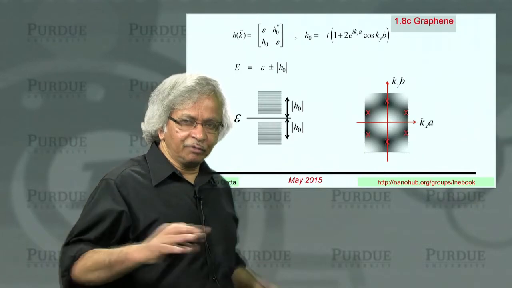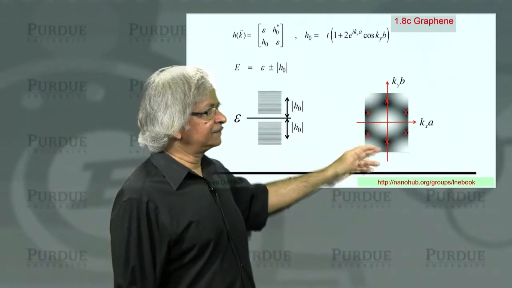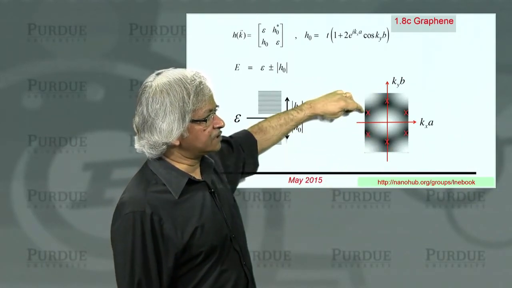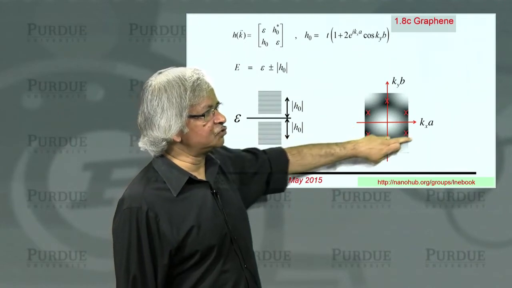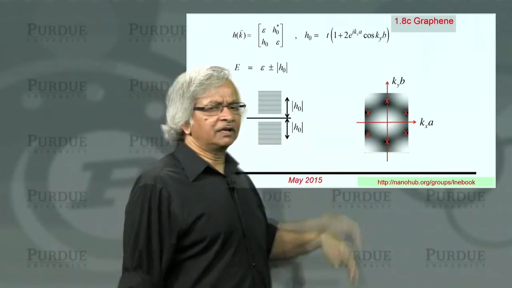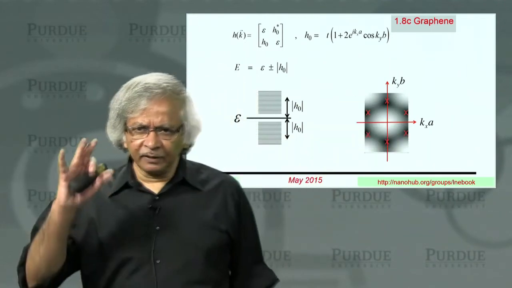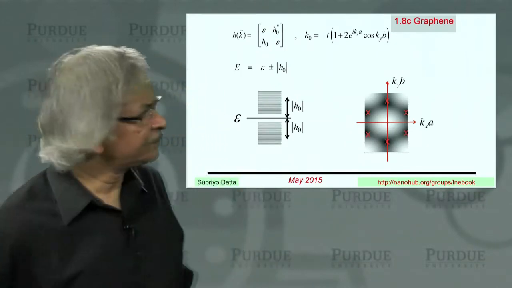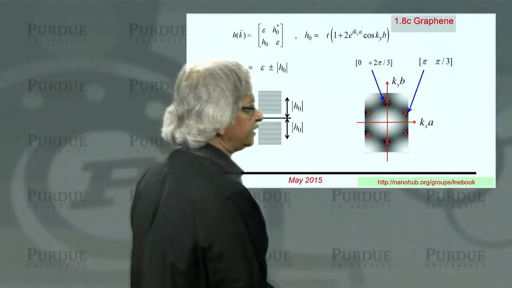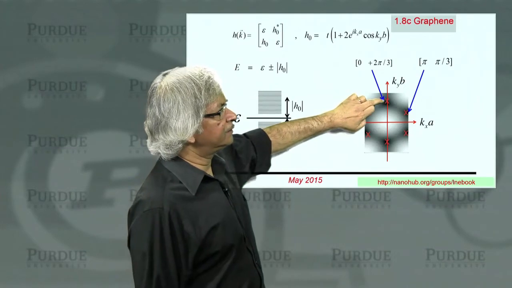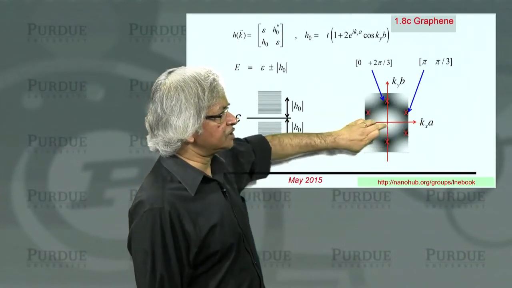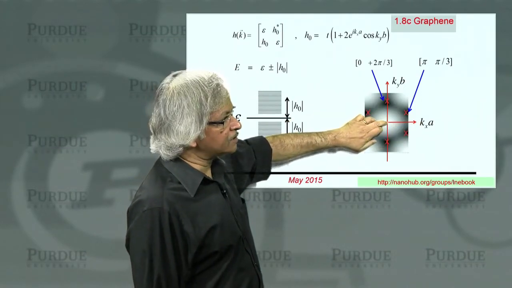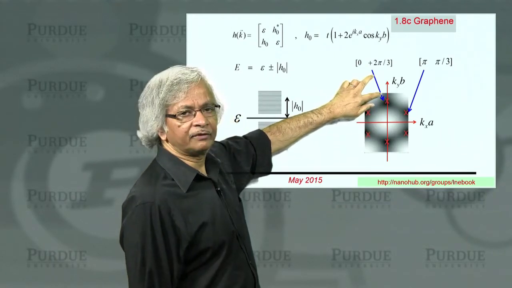So where are we looking? We want the black parts. There are these spots where it actually goes to 0. So what are these locations in k where H0 is 0? Well, you can easily check this. That point, of course, is kx equal to 0, but ky is not 0, it's 2 pi over 3.